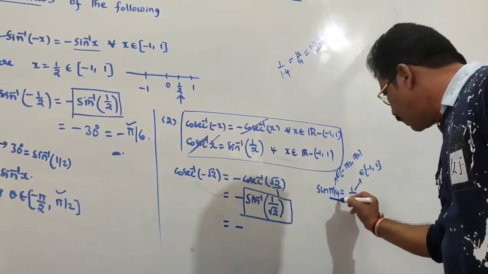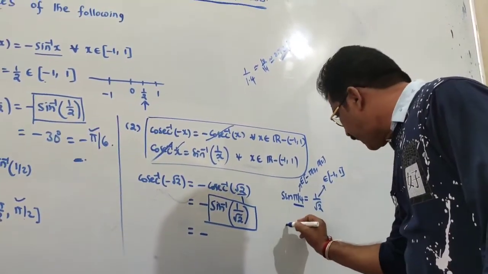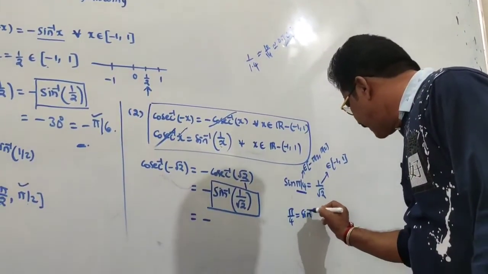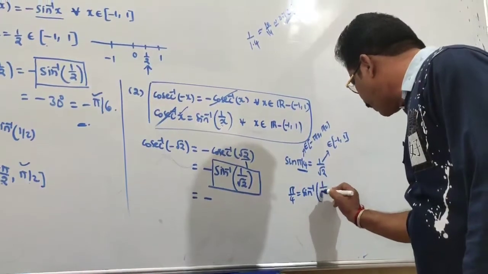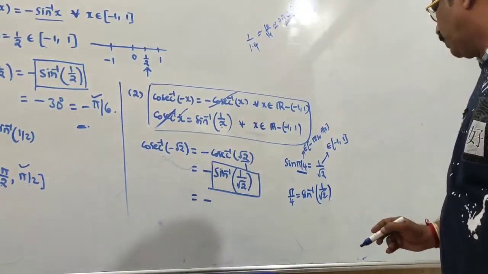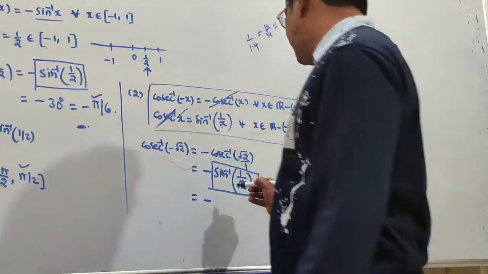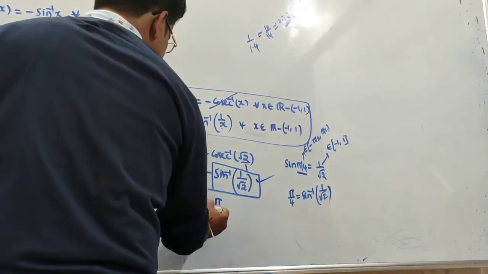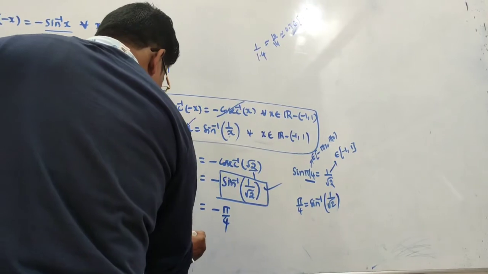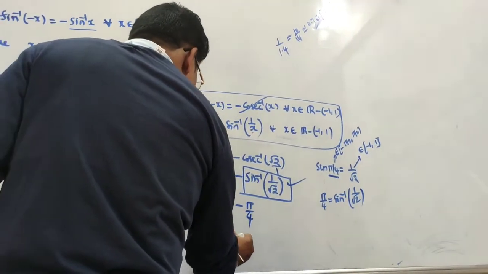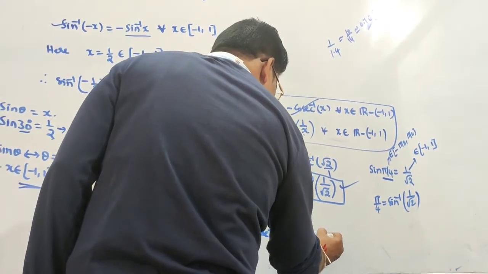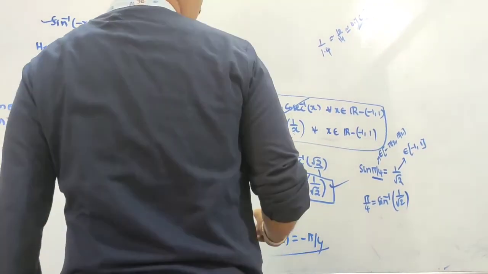So in this case only, this pi by 4 can be sine inverse of 1 by root 2. So the answer is cosecant inverse of minus root 2 equals minus pi by 4.